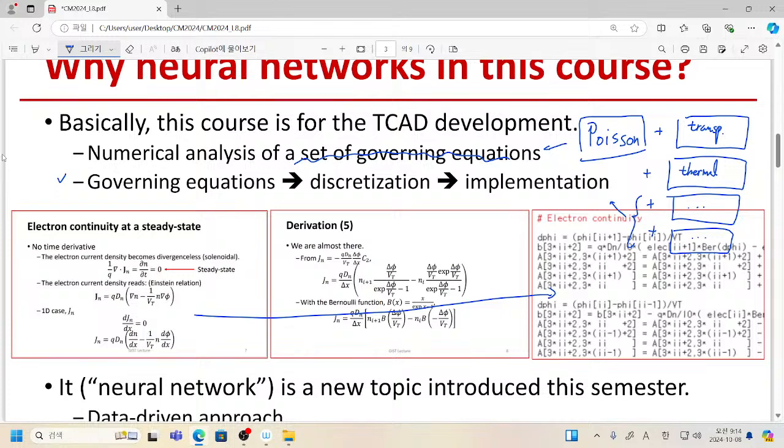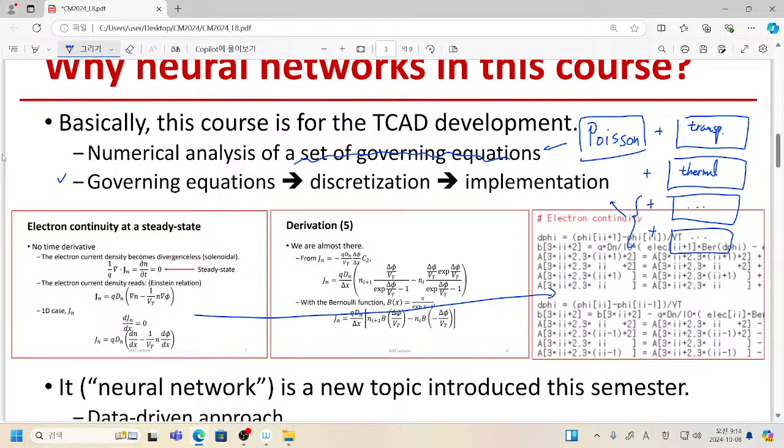Also, if you are considering other different physical mechanisms, then you have to include the equations for those mechanisms in your set of equations. So first you have to identify a sufficient set of governing equations. That is the first step you have to do.